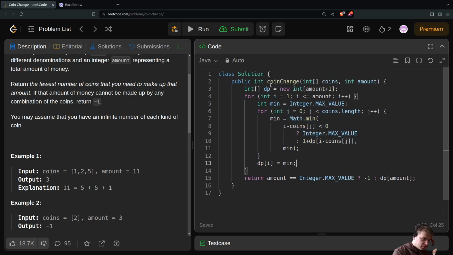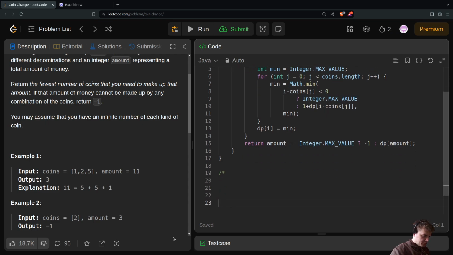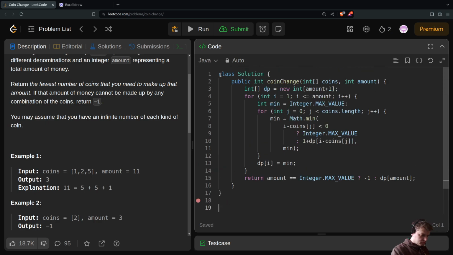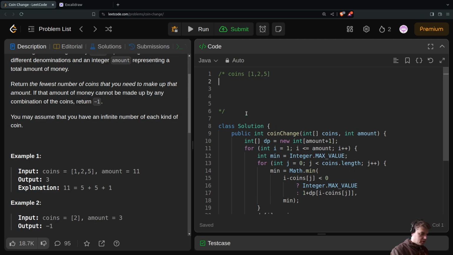If I start with a 1 to 5 array, let me paper trace it. So I'll have coins equal 1 to 5, and then amount is equal 11.